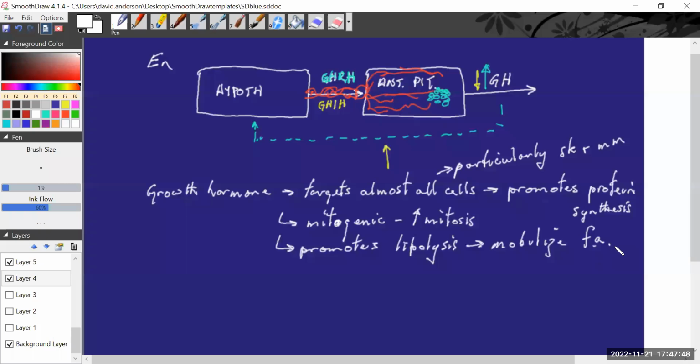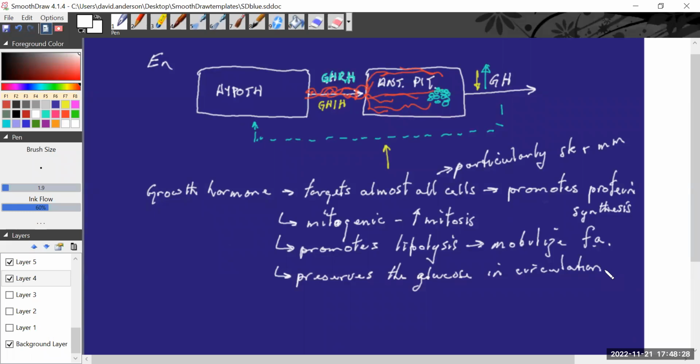And that means we have some fatty acids available to make ATP. So, which means that it preserves glucose. In other words, raise blood glucose levels.